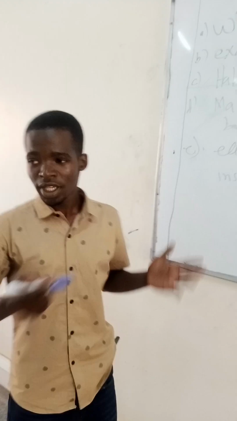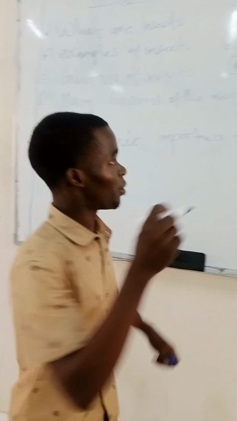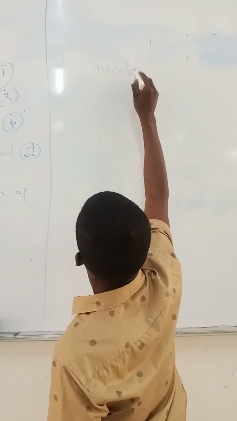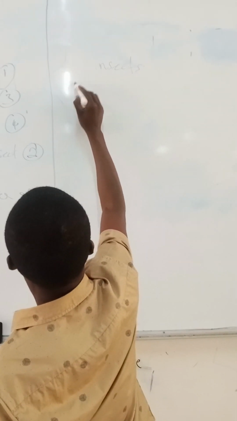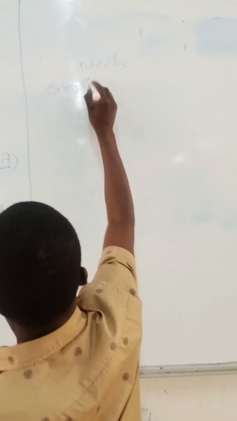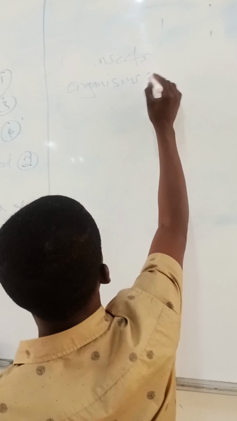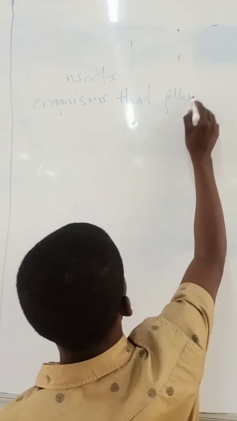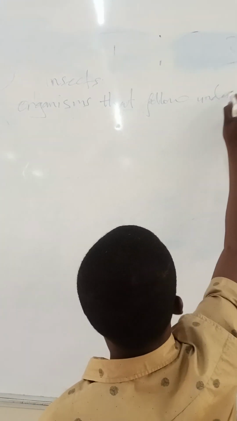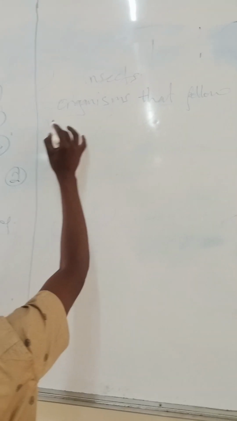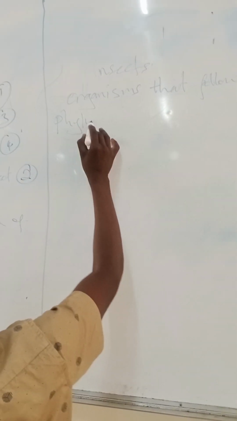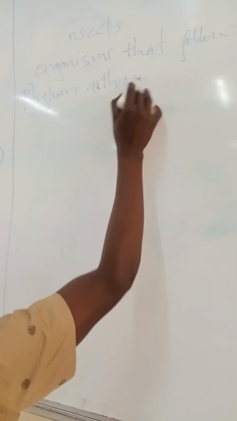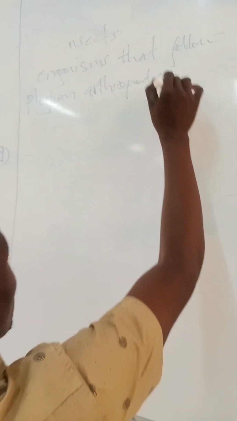So, what are insects? If I am to define insects, we are going to say that insects are organisms that fall under phylum Arthropoda.